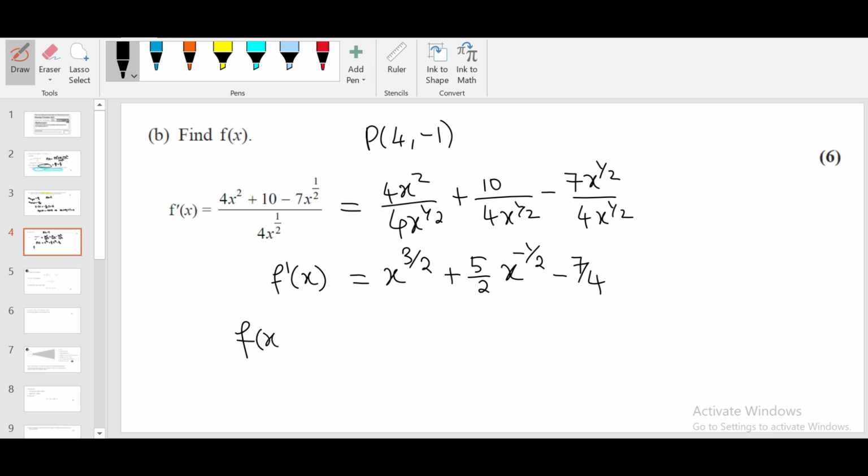F of x is basically the integral of x power 3 over 2 plus 5 over 2 x power minus half minus 7 over 4 dx.